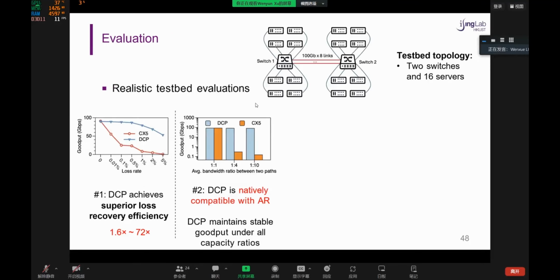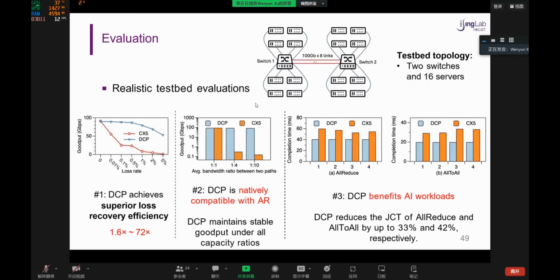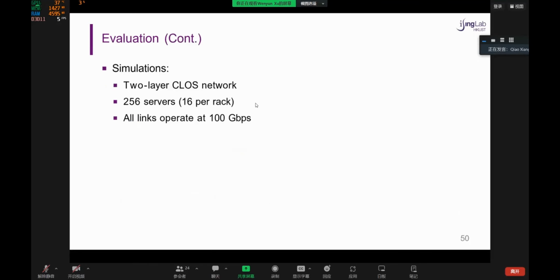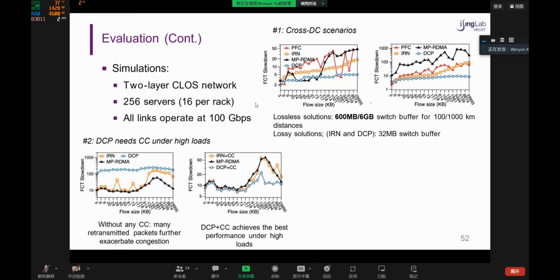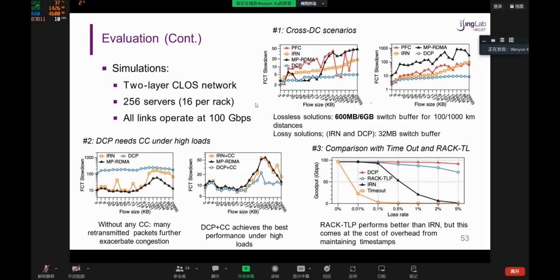The simulation page. Maybe it's page 50. Yes, 50 or 53, I forgot. Is this right? 53. Yes. Wait a second. Yes. Okay. Yeah.